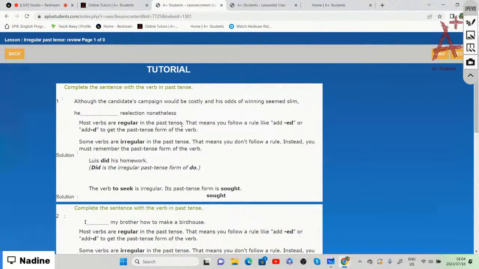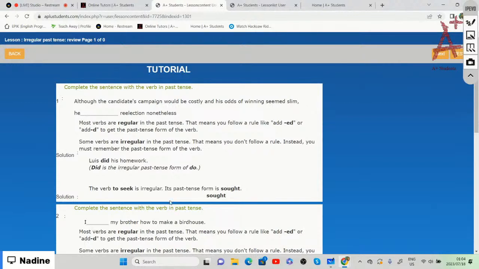This means that you follow a rule: we add an ed, or we add a d, to the verb to get the past tense form of the verb. So with regular verbs, we basically just follow the rule of adding ed or d to form the past tense.